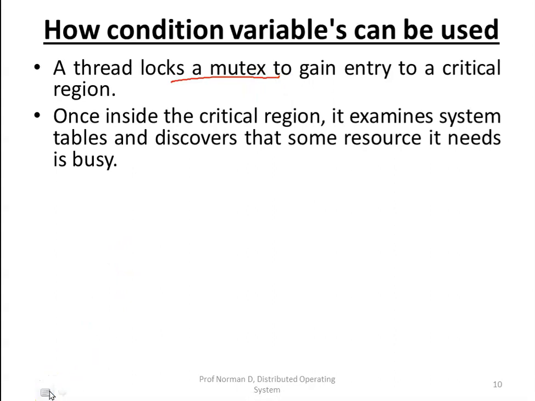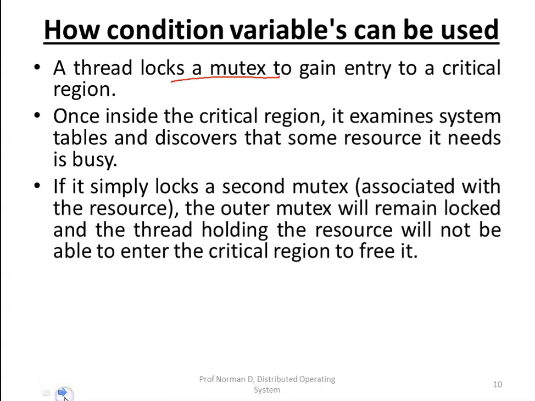Once it is inside the critical region, it will examine the system tables, and in case it discovers that some of the resources it needs is busy, then if it simply locks a second mutex which is associated with the resource, the outer mutex will remain locked and the thread holding the resource will not be able to enter the critical region to free it.